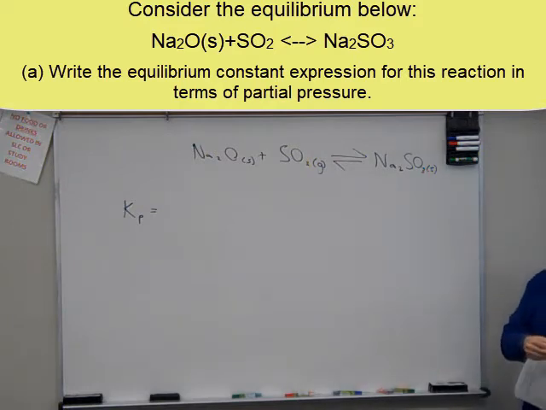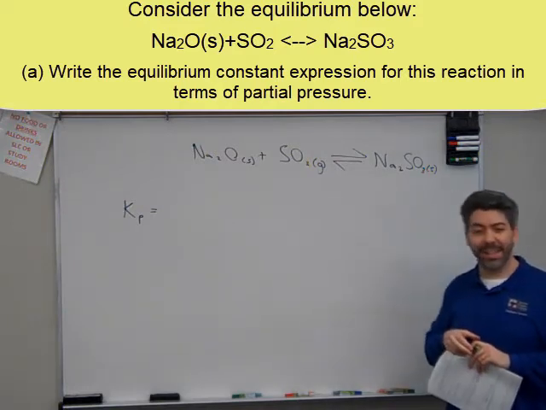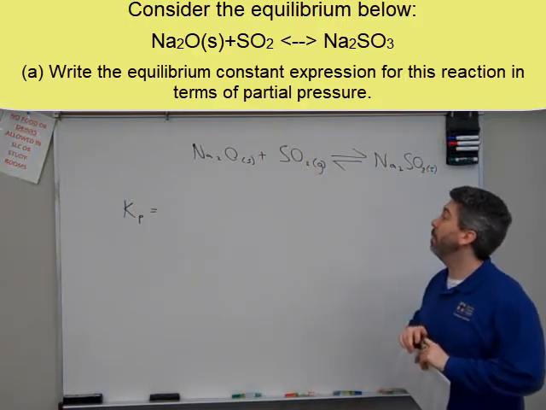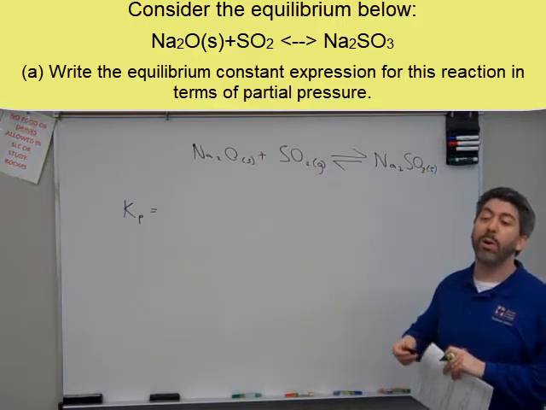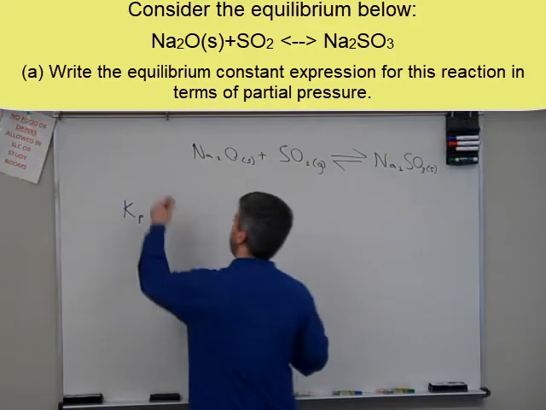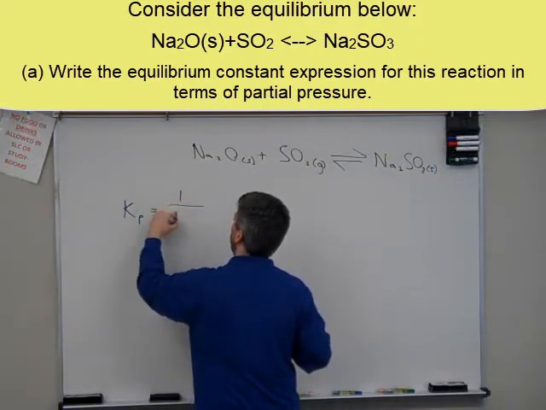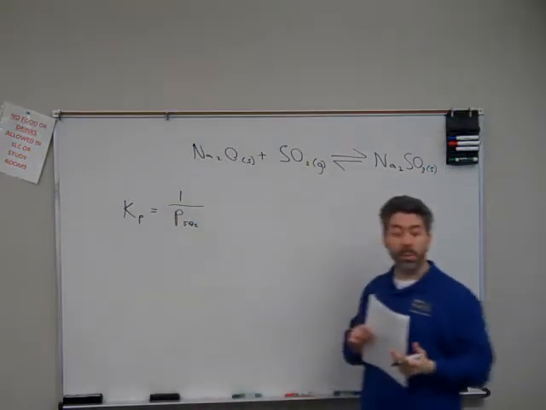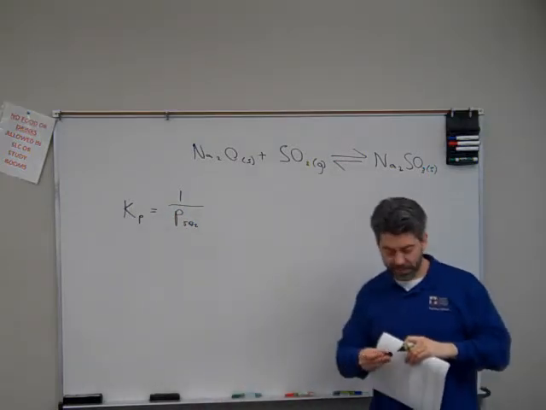That's a different equation, and we won't deal with that yet. Because those two are solids, we don't have to consider them. Very good. But it's 1 over the pressure of SO2. It'd be 1 over the partial pressure of SO2. Good.